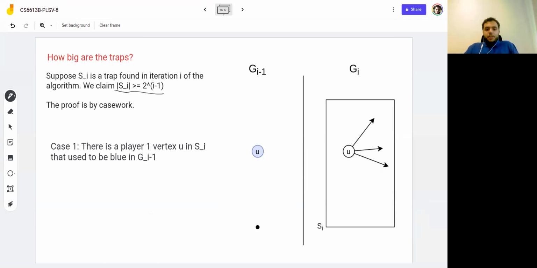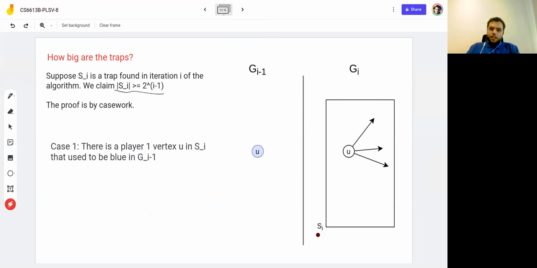So the first case that I'm going to consider is, let's say that I found this on this other side so that you can see the picture here. So let's say that this is my graph G_{i-1}, and this is my graph G_i. And let's say that this is the first iteration where I could find some trap S_i.